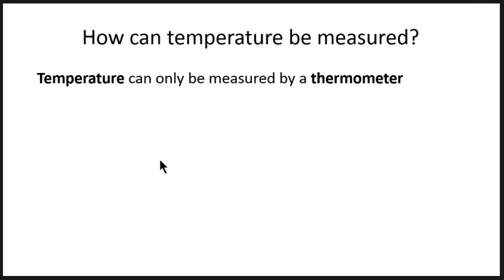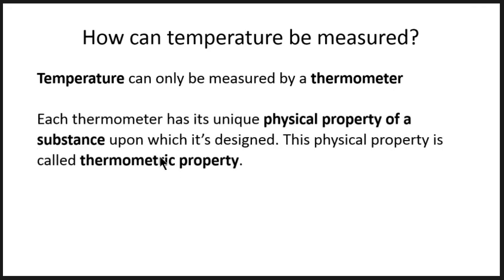Now, based on what I've just said, this means that each thermometer has its unique physical property of a substance upon which it is designed, and this physical property is called thermometric property. So take note of those two words.